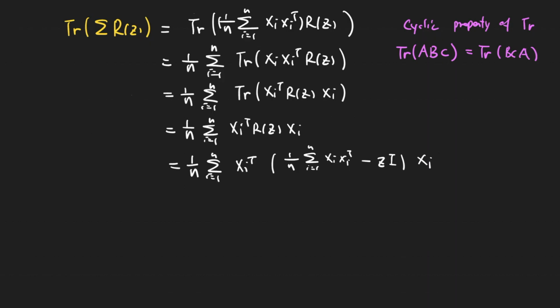Okay, maybe I should use a different subscript in here. Let me use j in here. So a challenge here is that every data point shows up both in the resolvent and on the outside. And this inverse makes everything intertwined together.